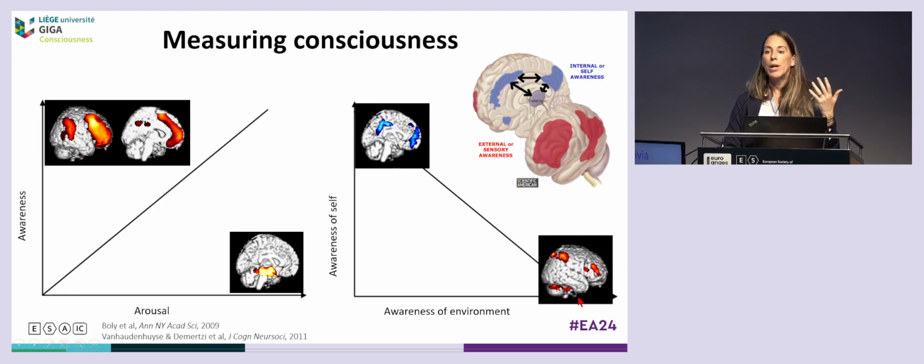And then you have awareness of the self, so that's everything that's related to yourself, your inner thought. If you're thinking about what you're gonna eat tonight, for instance, that will activate internal part of your brain, as you can see in blue. And this awareness of self and environment is switching every 20 seconds spontaneously.